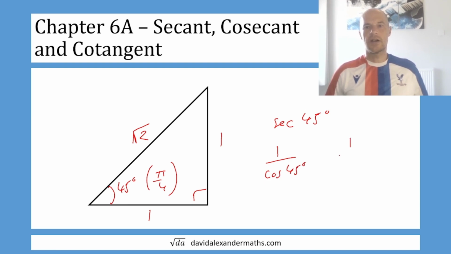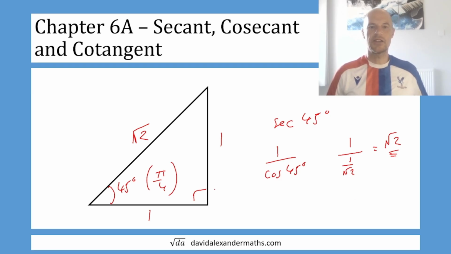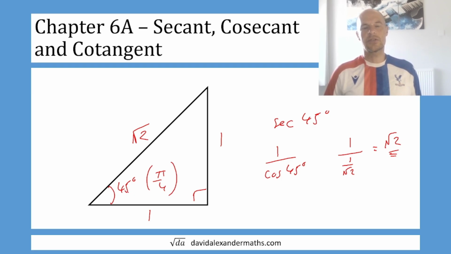The cos of 45 degrees is adjacent over hypotenuse, so that's 1 divided by 1 over root 2. So that is simply root 2. There we go. So using our triangles, we can work out the cos, sine and tan of angles, and then just do 1 over whatever that is to get your sec, cosec and cot.